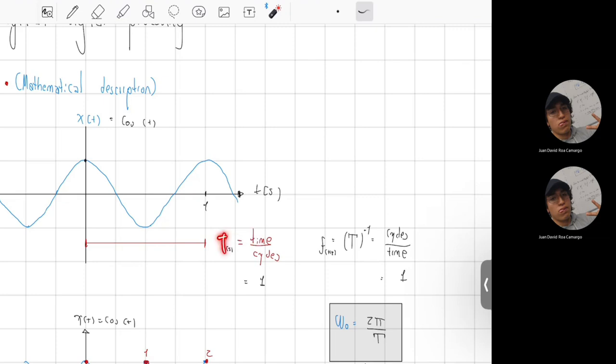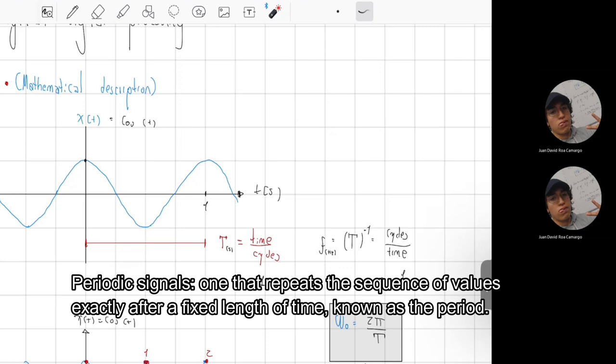So our period is equal to time, or the cycles in that time. As we have described here, one single phenomenon that occurs or has the same behavior in a period of time, because these are periodic signals, is described as a period.